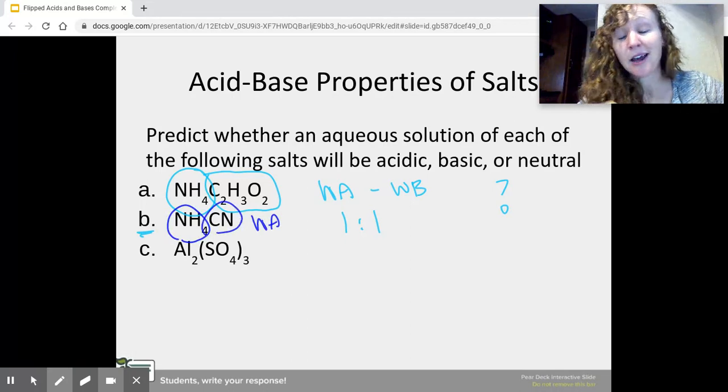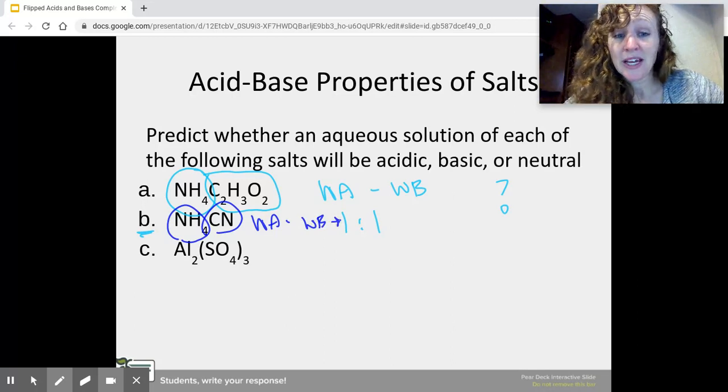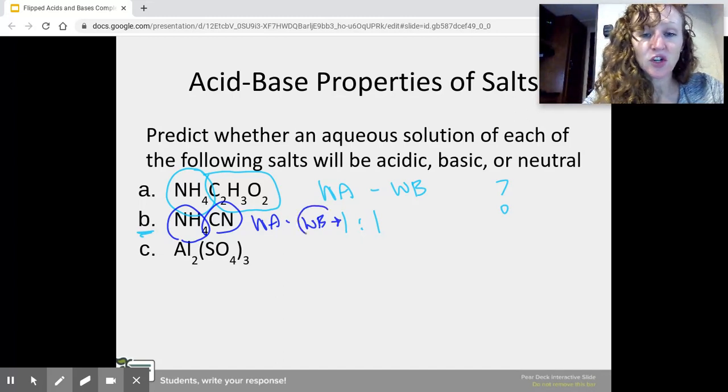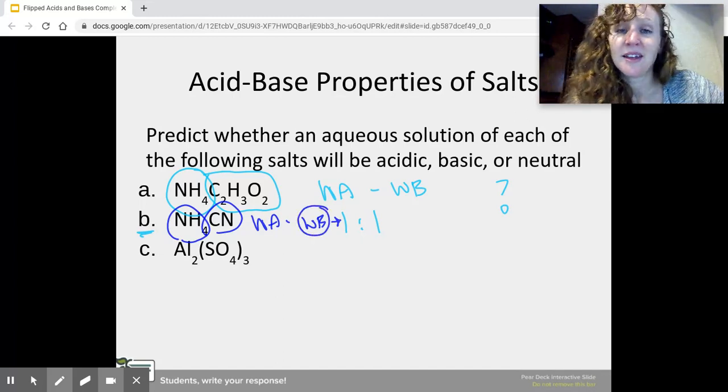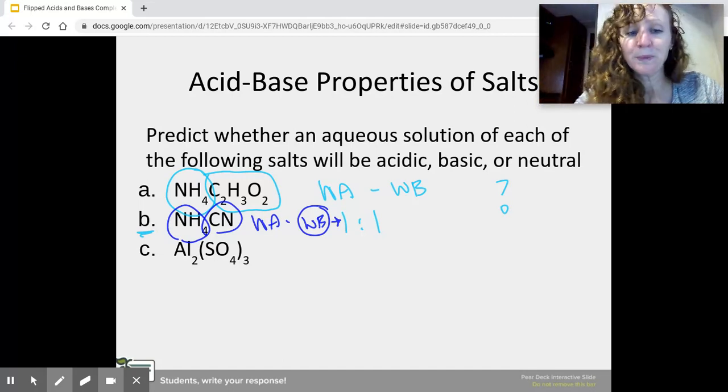CN minus, conjugate of HCN, that's going to be a weak base. Again, similar question, right? Which one's stronger? I believe CN minus is a stronger base than NH4+ is as an acid. But again, we need the K equations. We need to go look those up in order to figure it out.